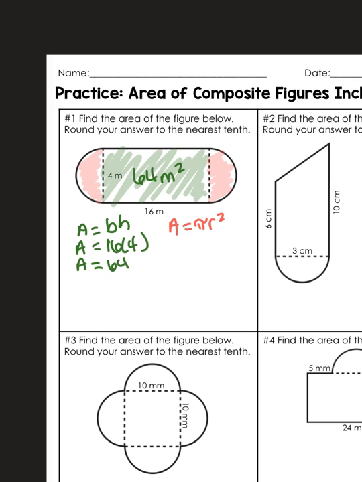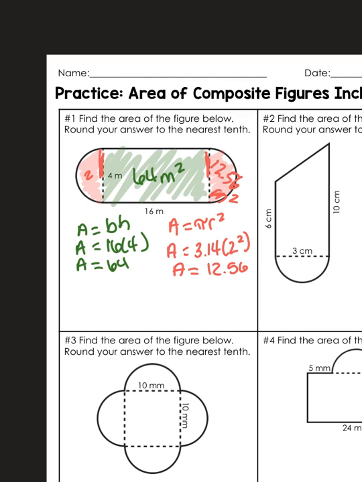So I have to find the radius, and the radius is half of it. So the radius is going to be 2. So when I do this, I'm going to say 3.14 times 2 squared. And I'm going to get that the area is 12 and 56 hundredths. So between the two of these, that's 12 and 56 hundredths square meters, okay?